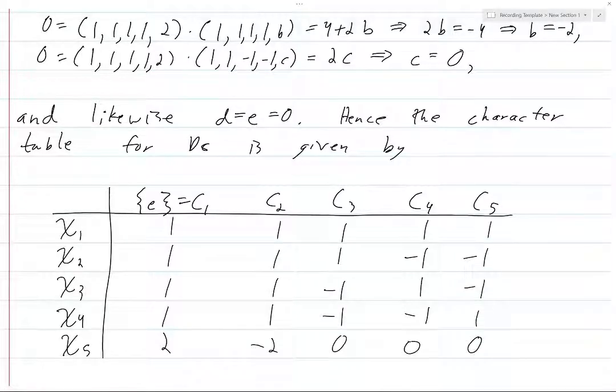I apologize, some parts of this video were pretty rough, especially the way that I started out this video, I didn't really give a proof that there are only 5 conjugacy classes of D8.